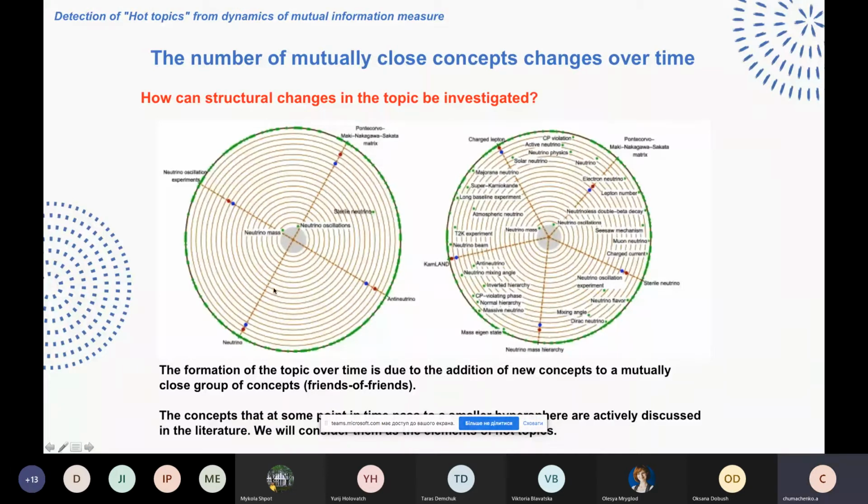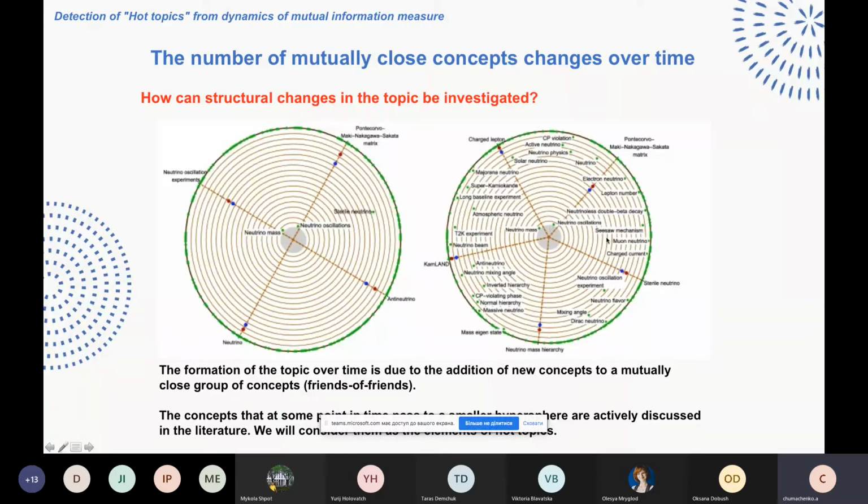And we can trace all these dynamics for all years, how the positions of the concepts are changing. For example, here we have a lot of concepts, but still active discussion is going on, and concepts are still changing their position to a smaller hypersphere, entering the more dense areas of a topic.